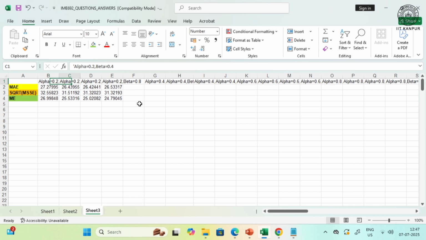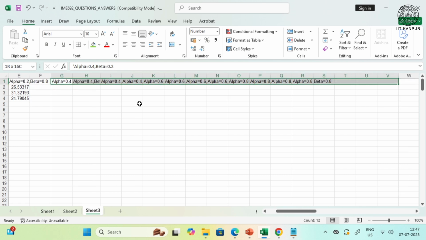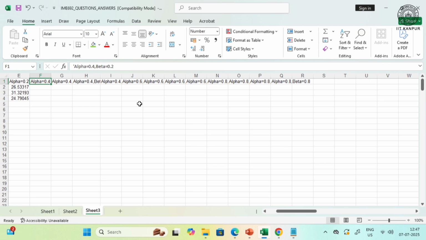I have done 0.2 with 0.2, 0.4, 0.6 and 0.8. Now I need to do alpha 0.4, with beta being 0.2, 0.4, 0.6, 0.8. Let me check I have written it down correctly, so I don't commit any error. Done. And then alpha 0.6, done. I have written it down.